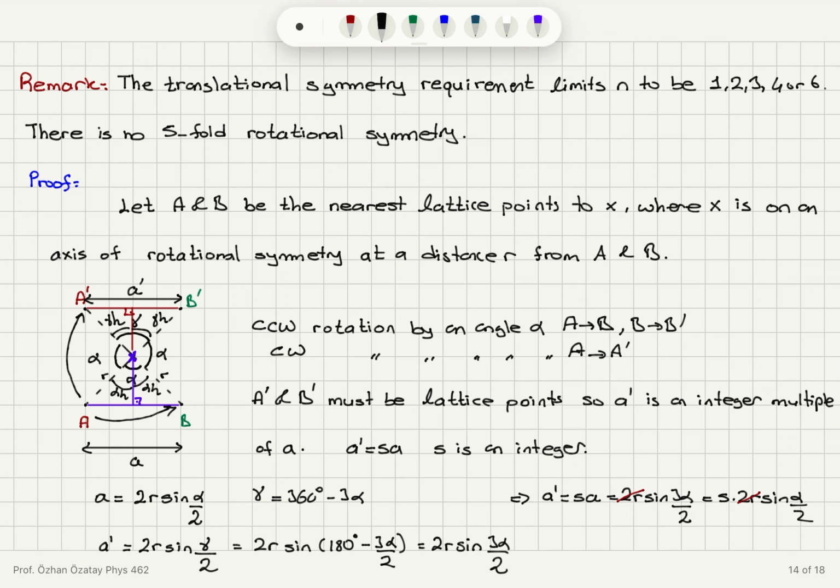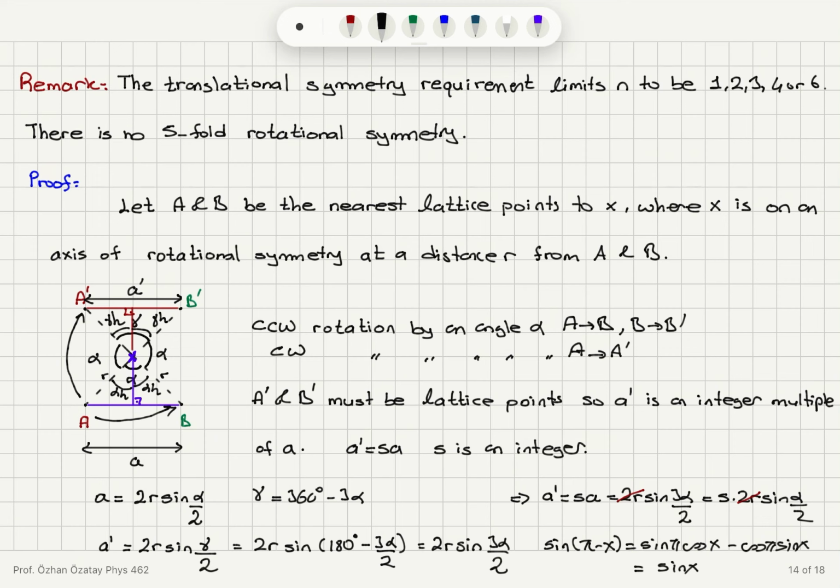So since 3 alpha plus gamma is 360 degrees, gamma is 360 minus 3 alpha, and a prime is 2r sine gamma over 2, which is sine of 180 minus 3 alpha over 2, and sine of pi minus x is sine pi cosine x minus cosine pi sine x, which is sine x. Because the first one is 0, the second one gives me cosine pi, minus 1, minus minus becomes plus. So it's sine x. So this is 2r sine 3 alpha over 2.